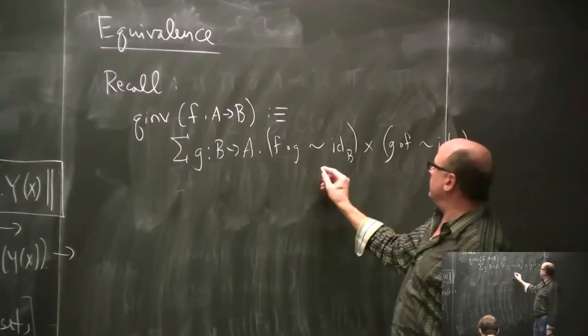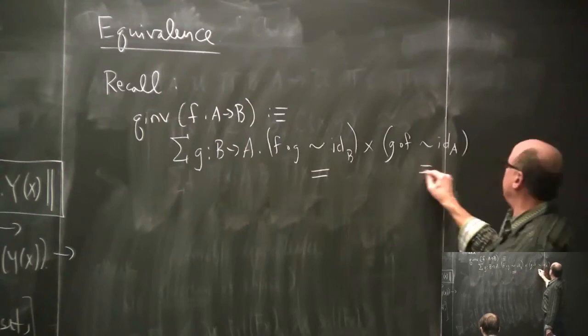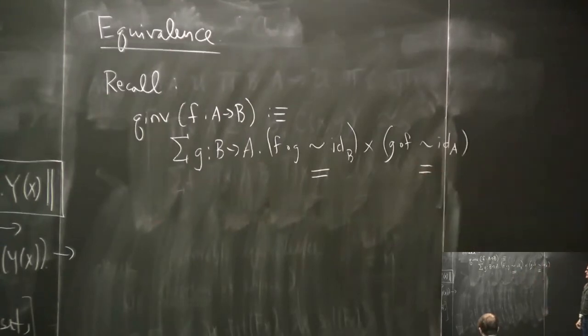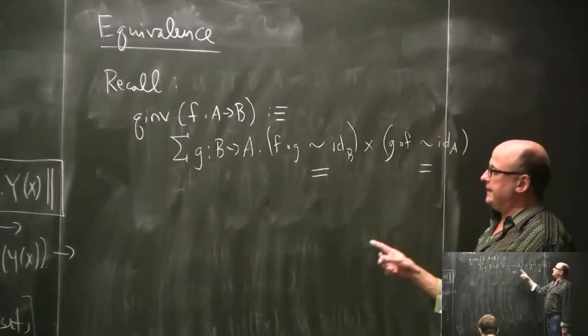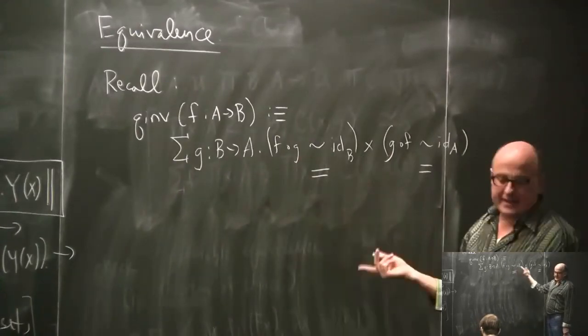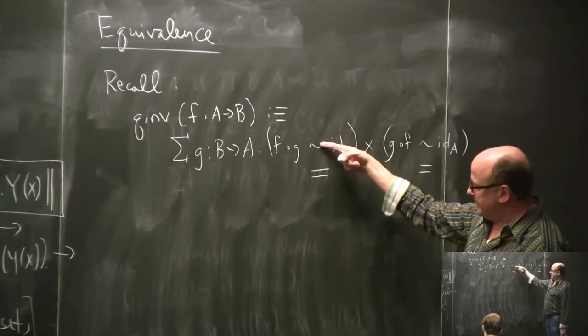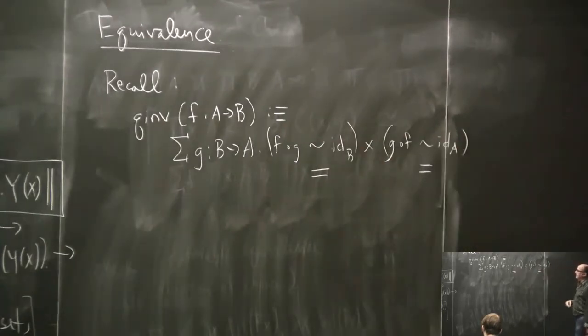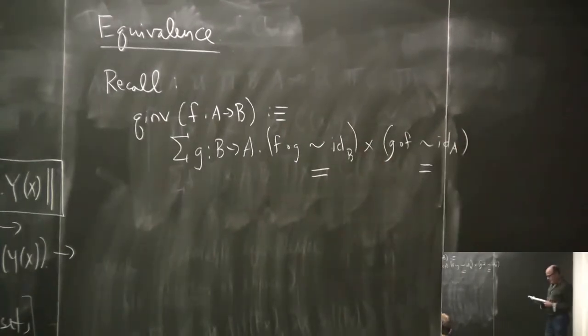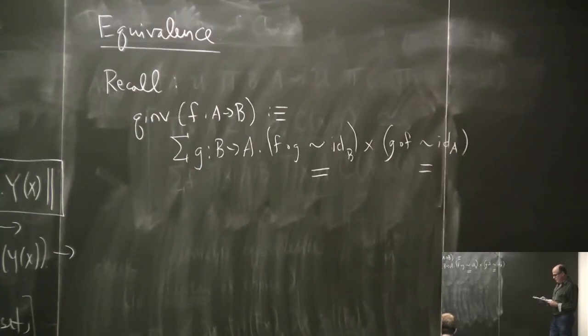By function extensionality, this could really be replaced by equal signs, because function extensionality says exactly that f composed with g equals the identity is the same thing as that. So that was the notion of a quasi-inverse.